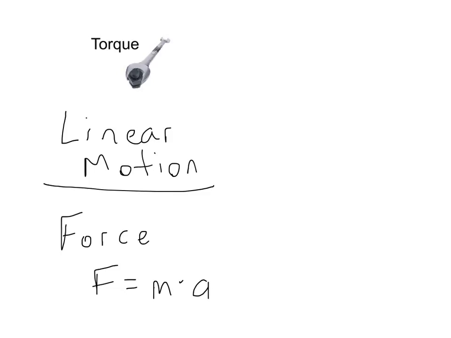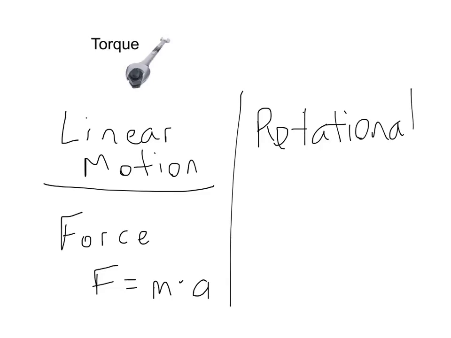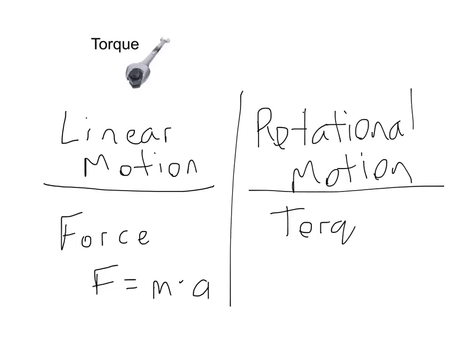We're going to basically follow a similar format this year when we study rotational motion. The physical quantity that causes objects to rotate is not the force they experience, but rather the torque they experience.